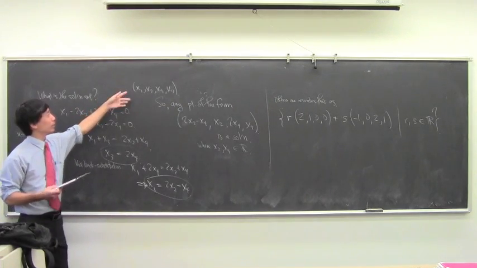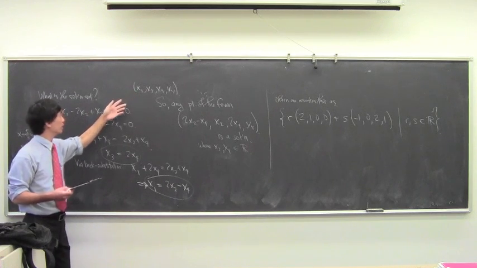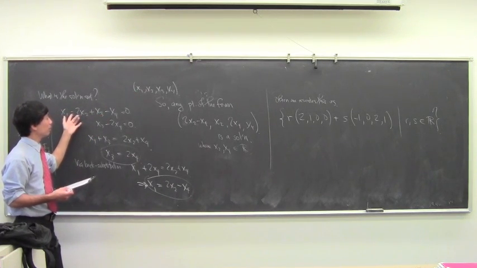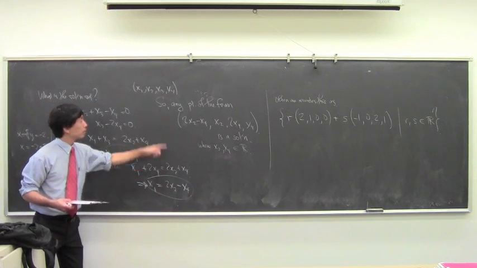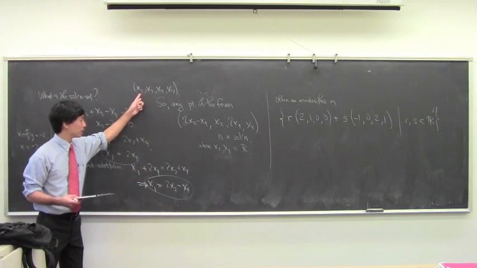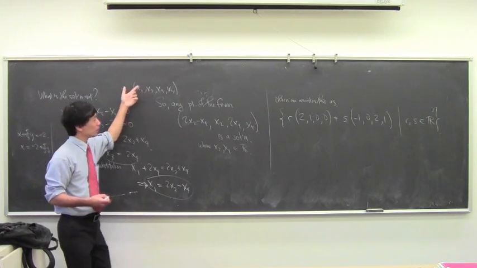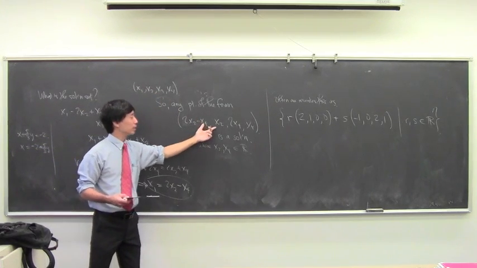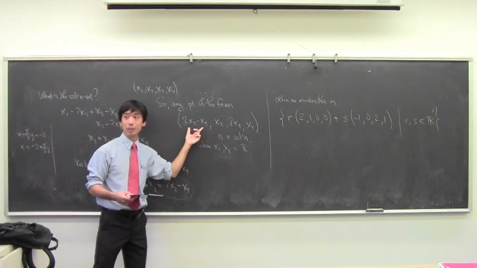Your solutions are any point x1, x2, x3, x4 that satisfy this. Well, to satisfy this, x1 must be 2x2 minus x4, and x3 must be 2x4. So that tells you it must be any point that looks like this, where x2 and x4 can be whatever they feel like, and x1 and x3 depend on them.